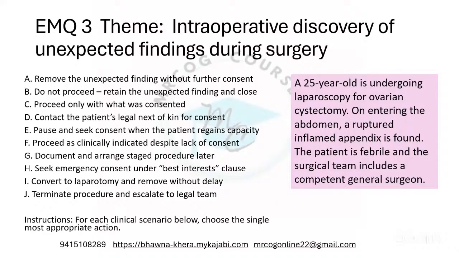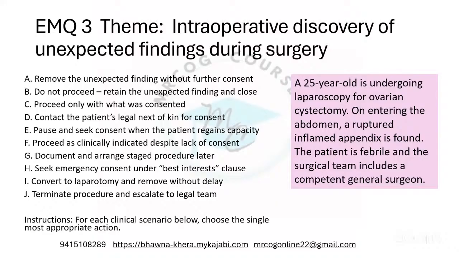So here, she's undergoing a laparoscopy for ovarian cystectomy, and you find a ruptured appendix. The patient is already febrile, which suggests that she might be in sepsis, and you have a competent general surgeon here. So what can we do? Option A: remove the unexpected finding without further consent and proceed.